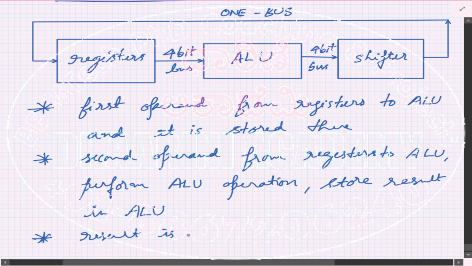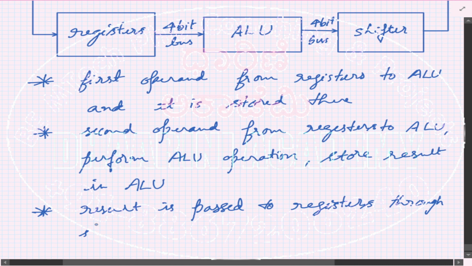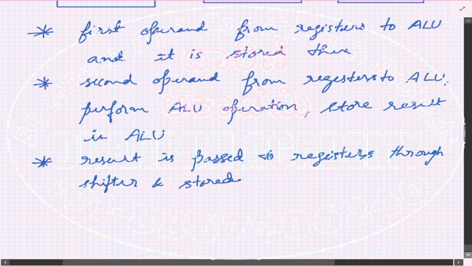Result is passed to registers through the shifter and stored. So this is the first type of architecture, which is called the one bus architecture.